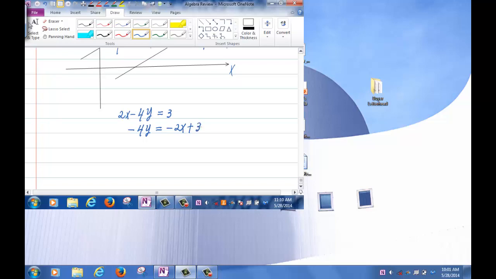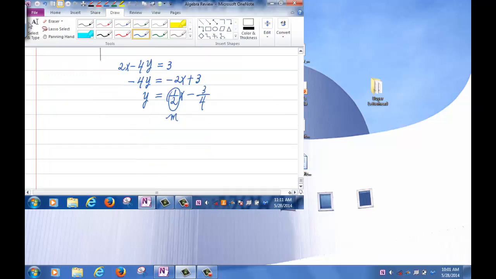And then I'm going to divide by negative 4. What do I get? Half x minus 3/4, right? You guys agree with that? So then, we put the equation in the slope-intercept form. The coefficient of x tells you the slope. So that's the slope. Okay? The coefficient of x, that's the slope.